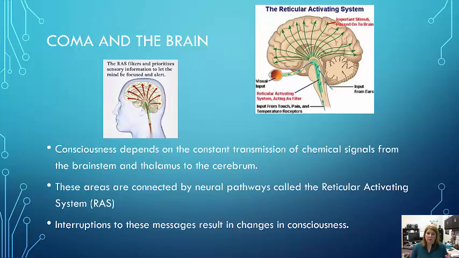But what the system does is it takes in all of this information, the sights and the sounds and the smells and the work you're doing, and it puts it together, and then it sends out the important stuff up to your cerebrum, and that's where all the executive function, the thinking and the manipulation of the information, happens, figuring out what am I going to do with that information, and sending back out the signals that tell us to act on it.